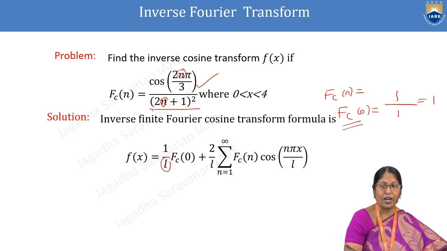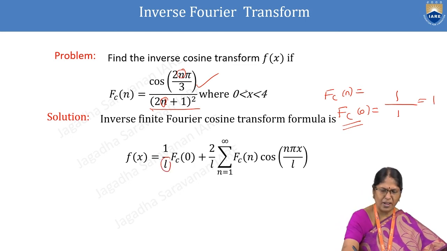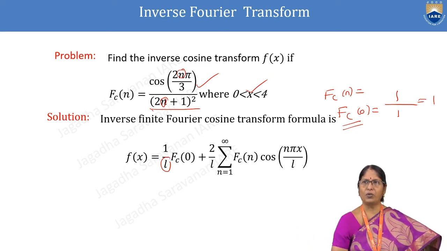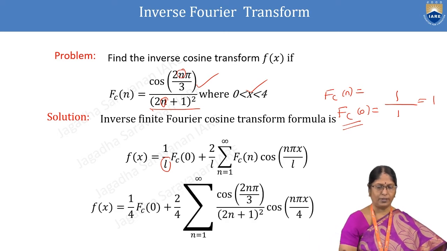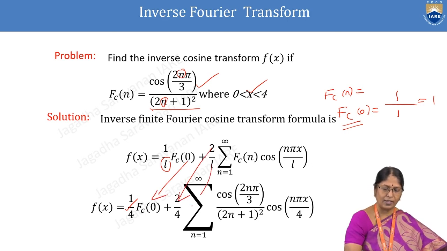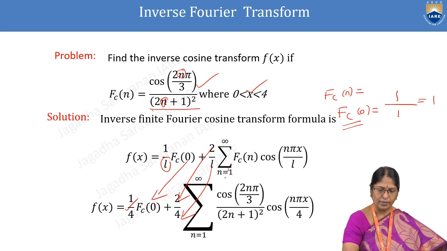What do we have to substitute for L? Clear the picture: x lies between 0 to 4, so L is taking the value 4. Substituted, this we have written. 2 is written as it is. Here L is 4. The summation as it is.